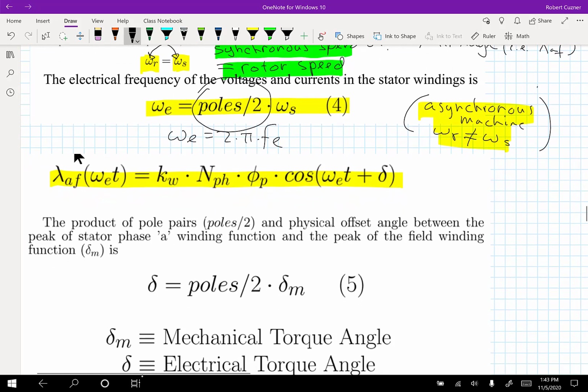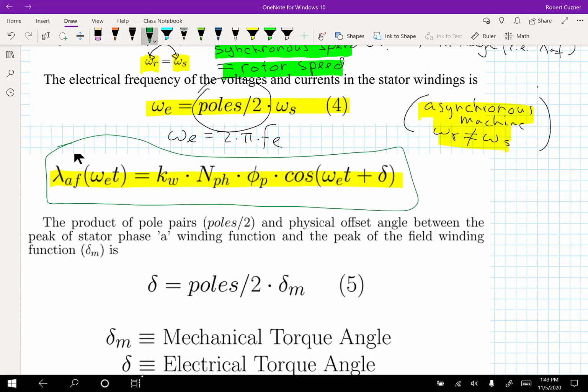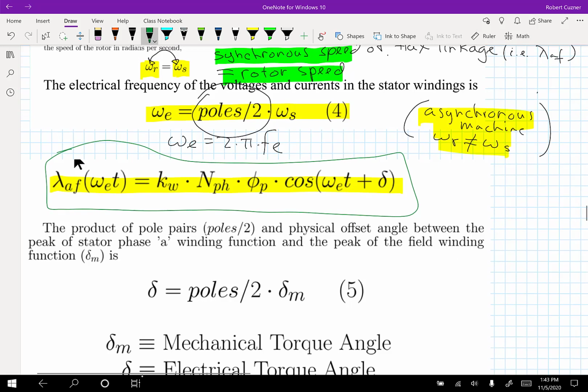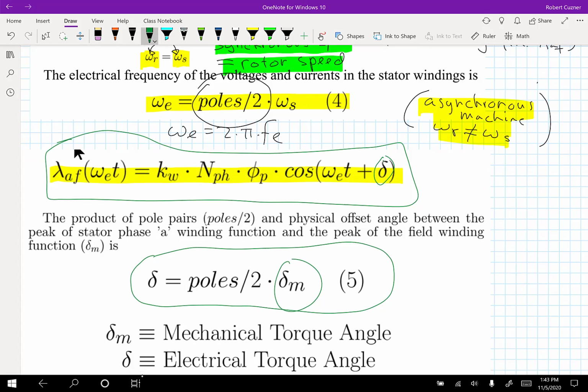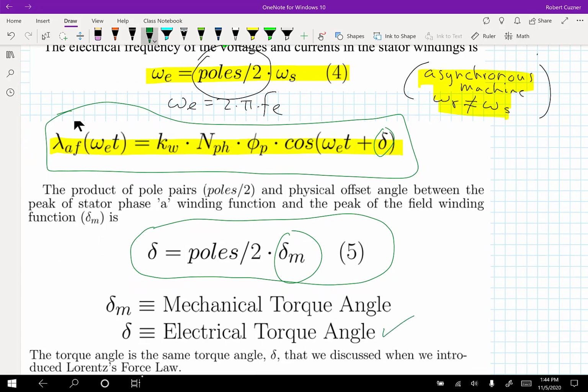Now we have this final expression for the flux linkage of a single winding, and it has an angle offset, and now this is an electrical angle offset that relates to the mechanical angle offset lambda m by the pole pairs. This is in fact the electrical version of the torque angle that we've been talking about.